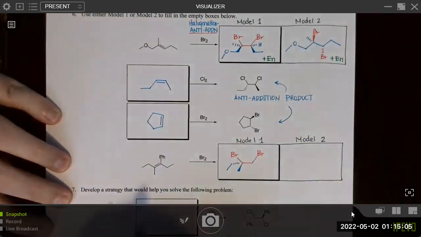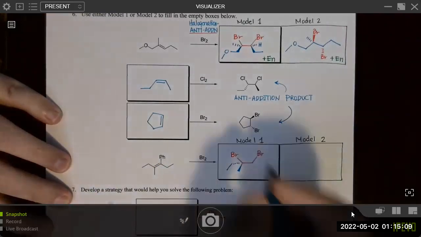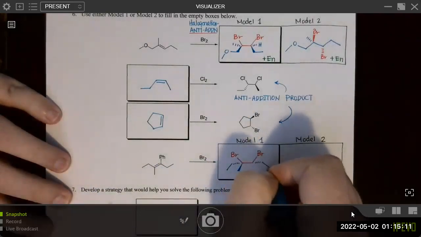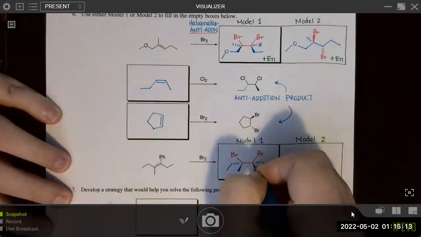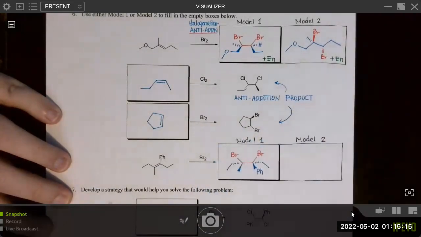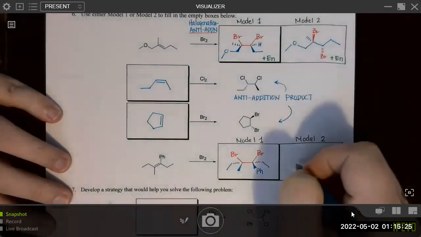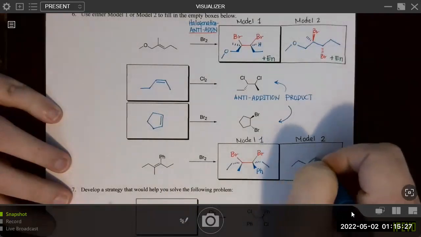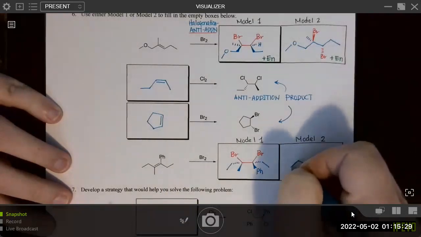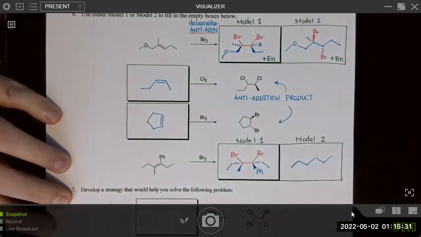And then recall for anti-addition, these get switched. So the ethyl group will be pointed back, the phenyl will be coming out at you. All right, and then for the second model, we're just going to look and see what's on the zigzag and keep it like that. Just a hexane in this case.